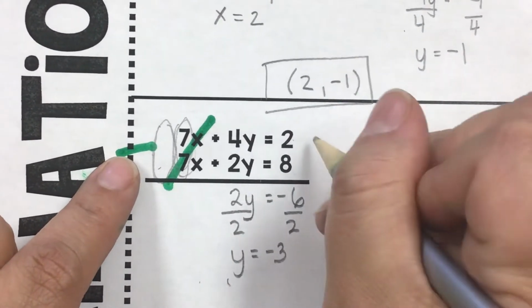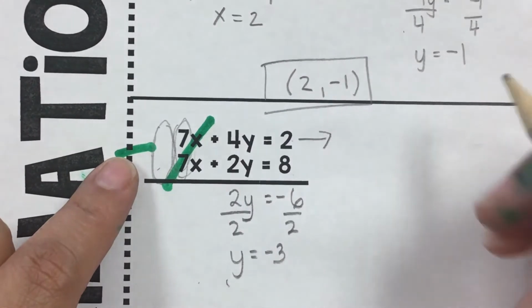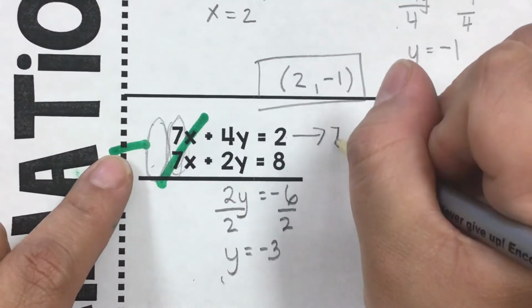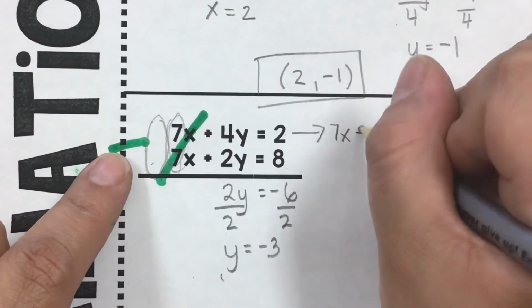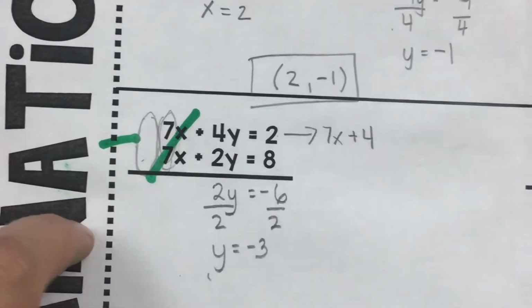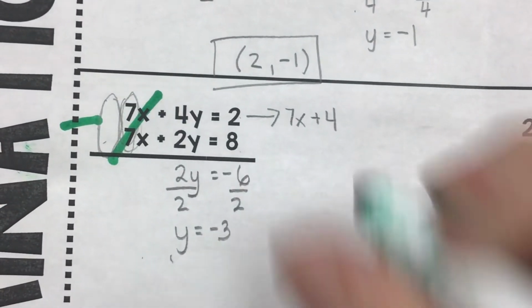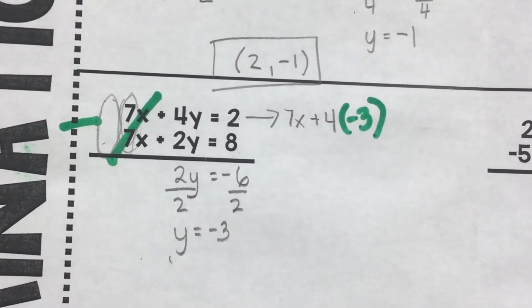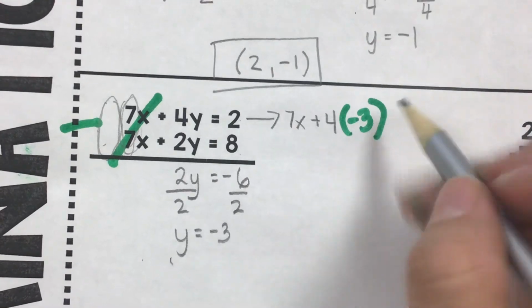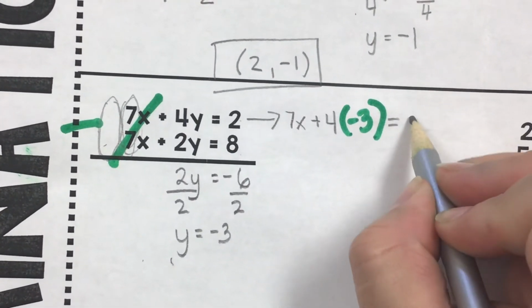We still need the x value, so we're going to substitute it into the first equation. 7x plus 4 times the y value of negative 3 is equal to 2.